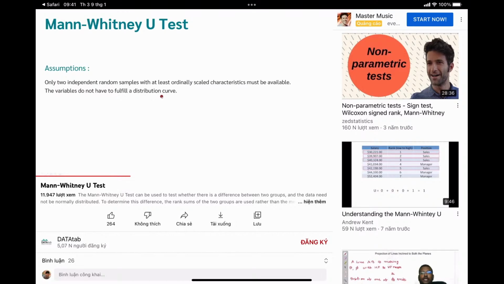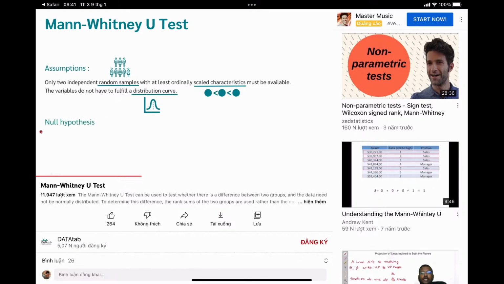So on the one hand, we need two independent random samples that have at least ordinal scaled characteristics, and the good thing is that in this case the variables do not have to meet a distribution curve. Therefore, whenever a normal distribution is not given, we cannot calculate the t-test, and therefore we use the Mann-Whitney U-test instead.